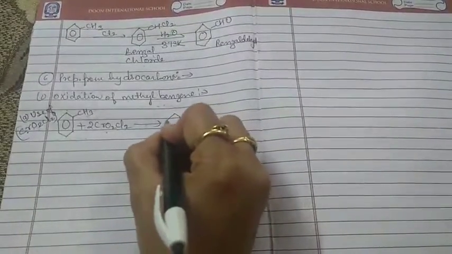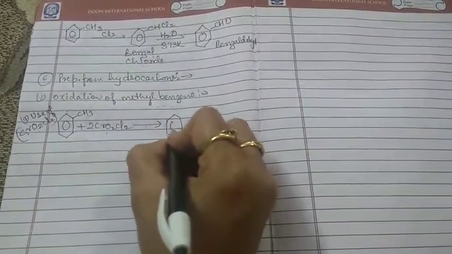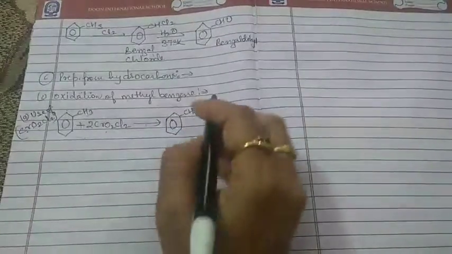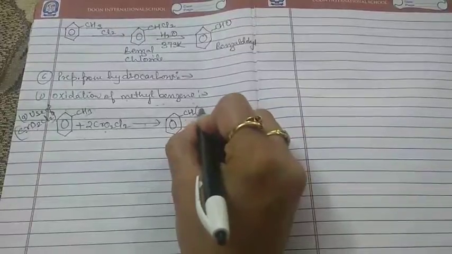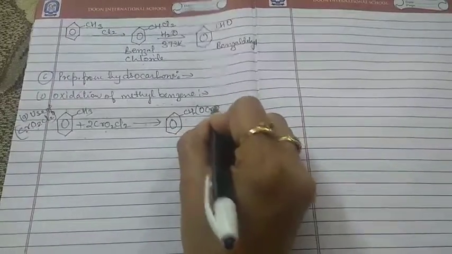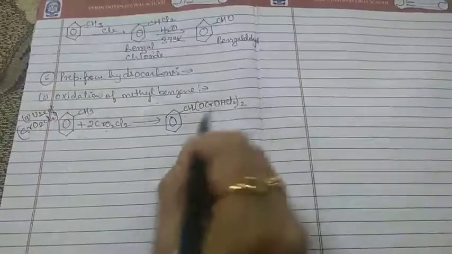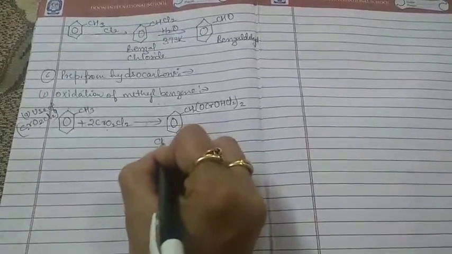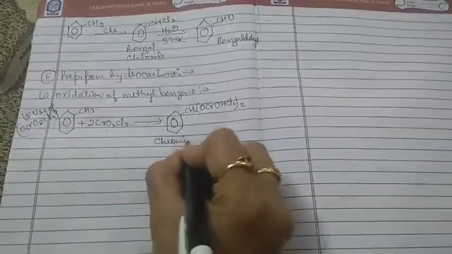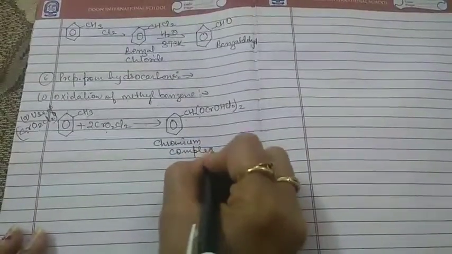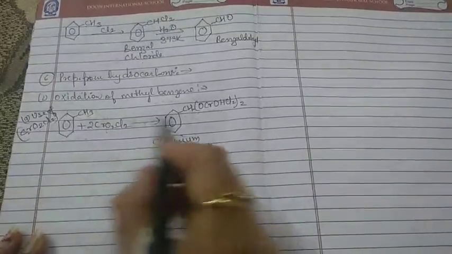Now it oxidizes the methyl group, that is CH. Now we get O CrO HCl2 whole 2. Now this is the chromium complex. This is known as the chromium complex, and this is chromyl chloride.